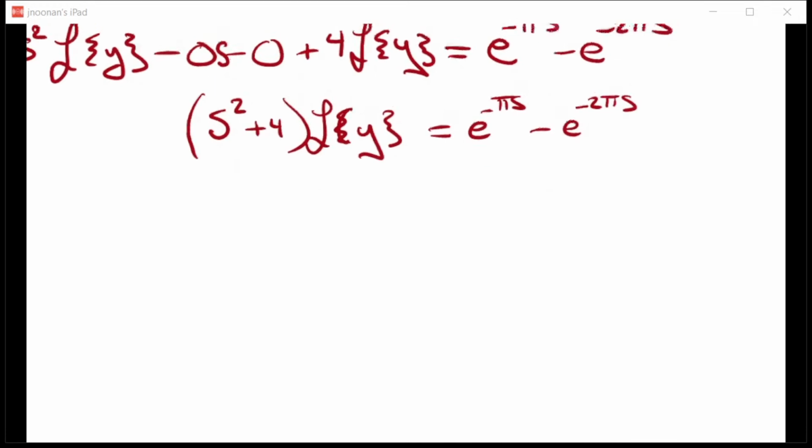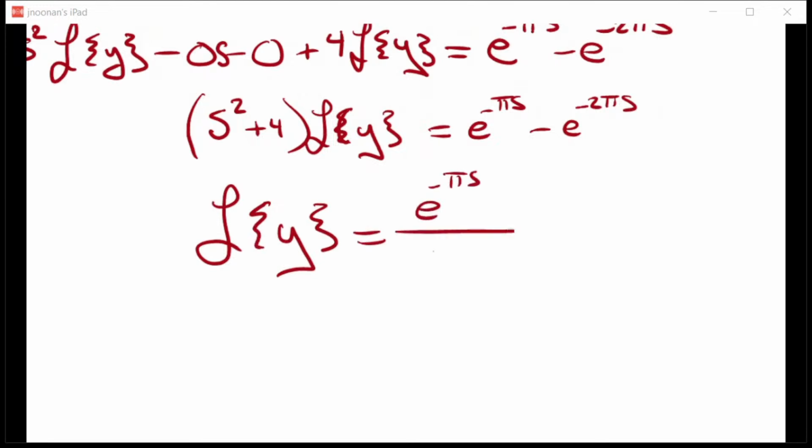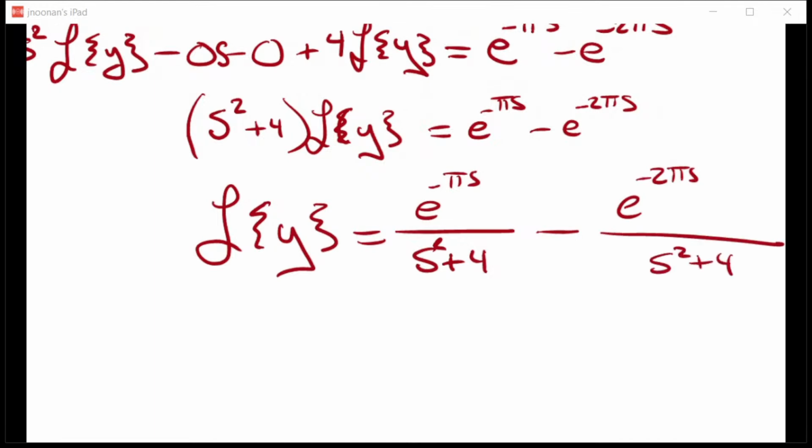Let's just go ahead and take a look at this. It's going to be the Laplace transform of y, which is equal to e to the negative pi s over s squared plus 4, minus e to the negative 2 pi s over s squared plus 4.